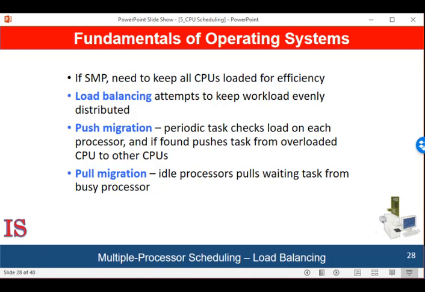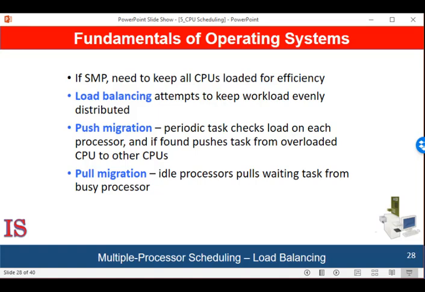There are 2 general approaches to load balancing: push migration and pull migration. With push migration, a specific task periodically checks the load on each processor, and if it finds an imbalance, it evenly distributes that load by moving, or pushing, threads from an overloaded to an idle or less busy processor.